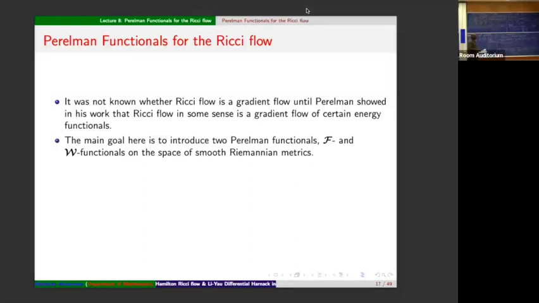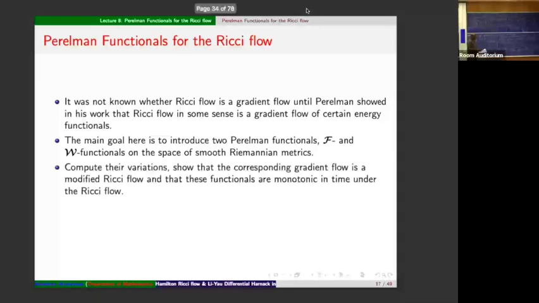So he introduced some energy functionals, and we want to discuss two of them. We call one the F energy functional, and the other the W functional. Both are defined on the space of smooth Riemannian metrics.